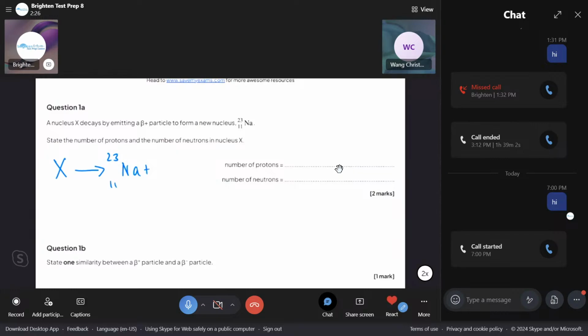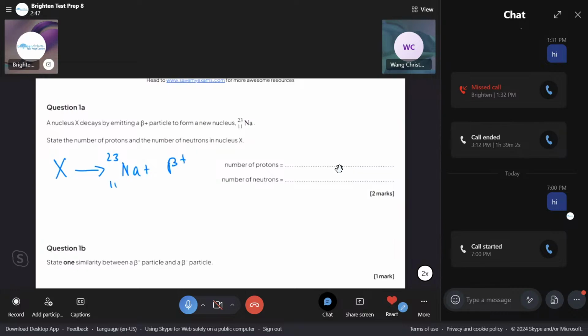The positive electron. Yes and no. What does it say? What does that unknown nucleus emit? The positron. Okay, the beta plus.